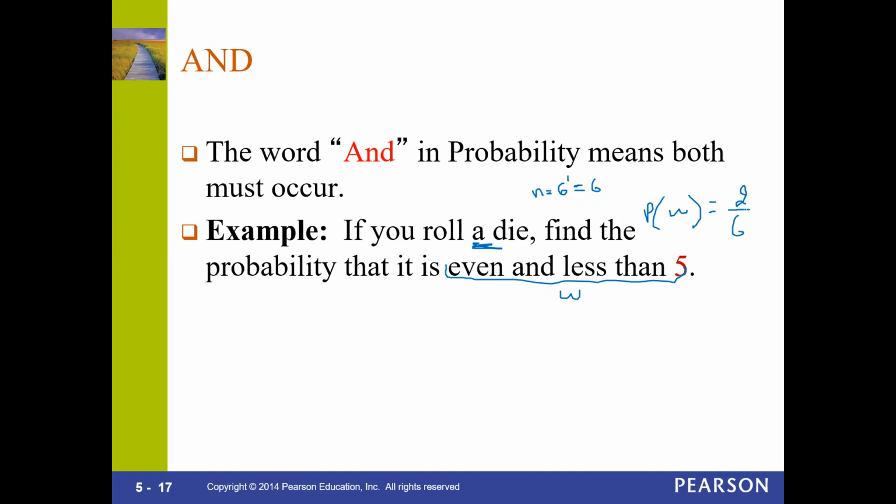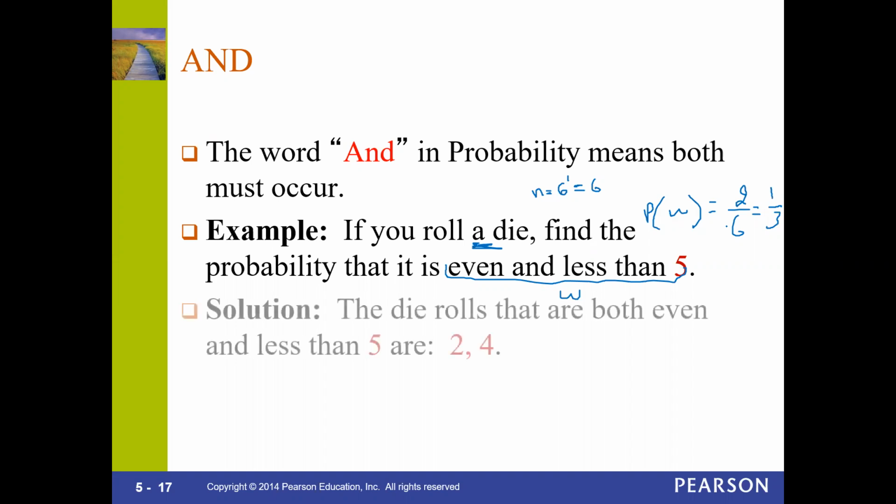Okay, this is not simplified, so I need to simplify it. That's going to give you 1/3. What does that mean? Out of 6 possibilities, I only observe 2 that are even and less than 5. That means the probability is 1/3.